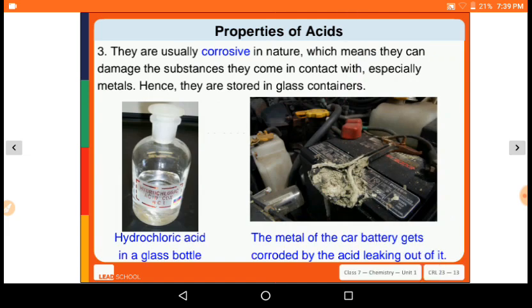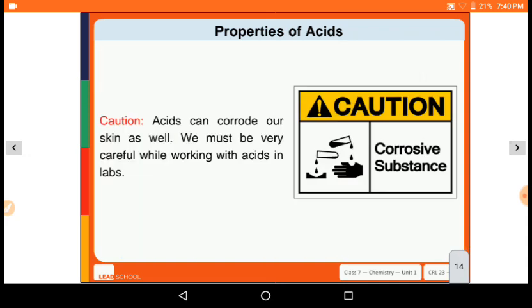They are usually corrosive in nature, which means they can damage the substance they come in contact with, especially the metals, hence they are stored in glass containers. काफ़ी जगह पे ऐसे क्वेश्चन लिखा हुआ होता है कि एसिड स्किन को हार्म कर सकता है, as well as we must be very careful while working with acids in laboratories or labs.